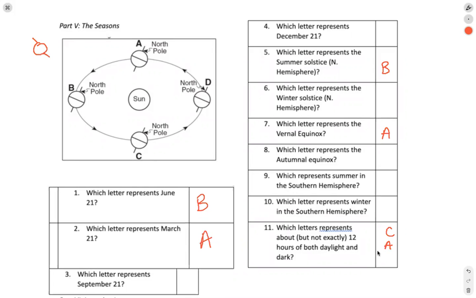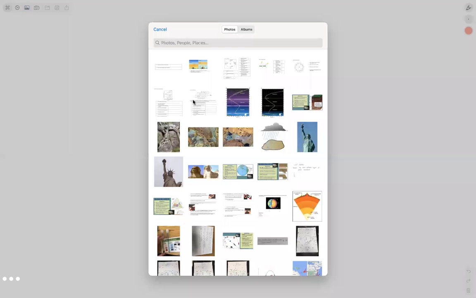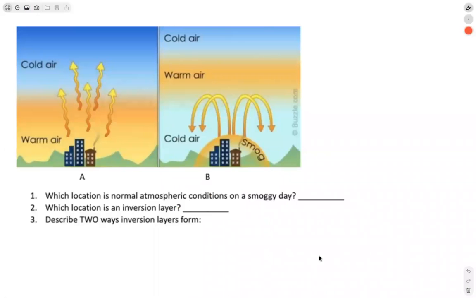Okay. Now let's go down to part 6, the last section. Which one has normal atmospheric conditions on a smoggy day? So they're meaning the pollution coming from this little factory. So which one is normal conditions?